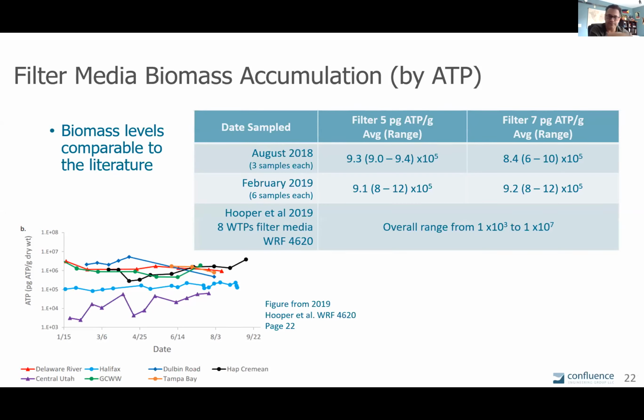And we were right there in the middle, 10 to the 5. So we felt like that compares well to the literature. It was a nice benchmark to see what level of the filter media was colonized compared to other places across the country.